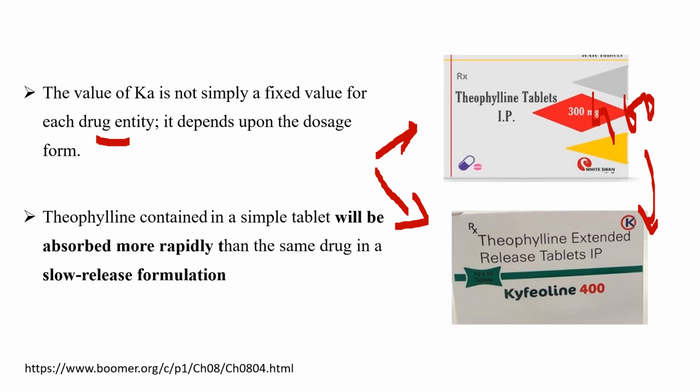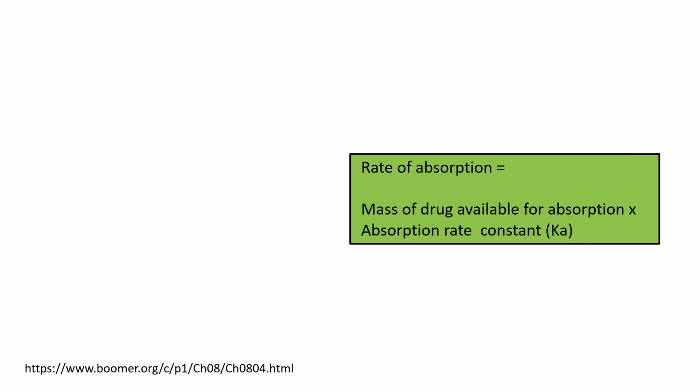Generally, the absorption rate constant is the same if it is the same drug and it is available in the same formulation. So if it is theophylline 300 milligram IP with the same excipients, made by a different company, then the Ka might be similar. So what you can see here is the rate of absorption equals mass of drug available for absorption into absorption rate constant.